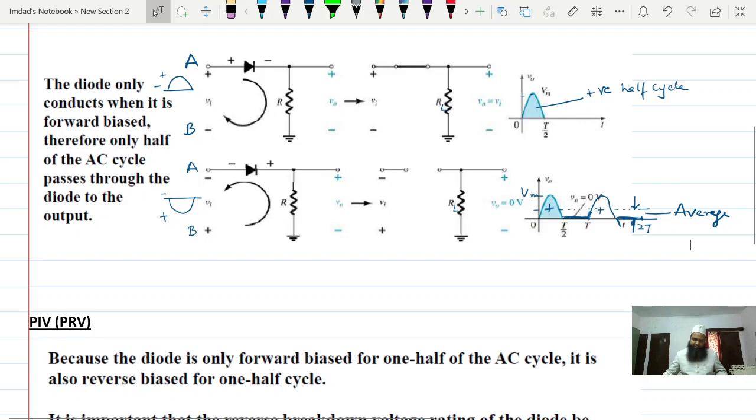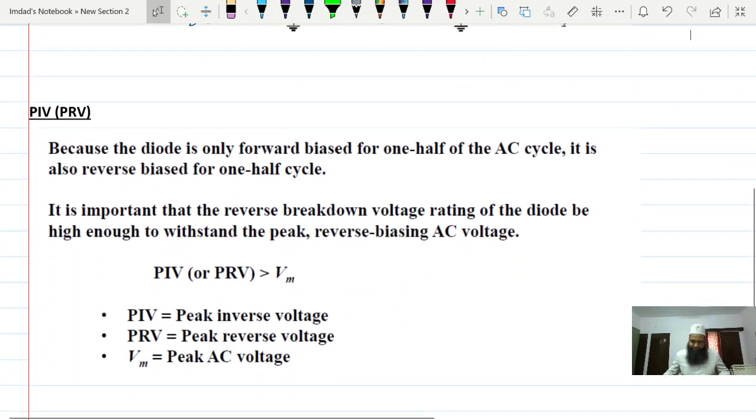So the efficiency of this rectifier is only 50%. However, in a practical rectifier we have some losses, and the theoretical efficiency will be about 50%, and with some losses in the diode and other circuit components, we can also get less efficiency than 50%.